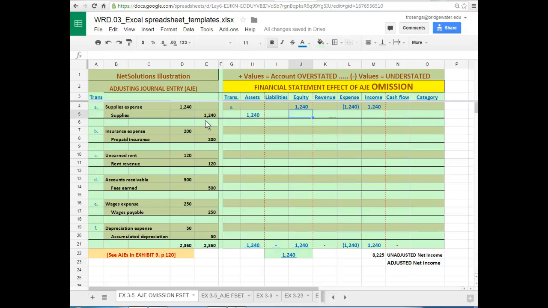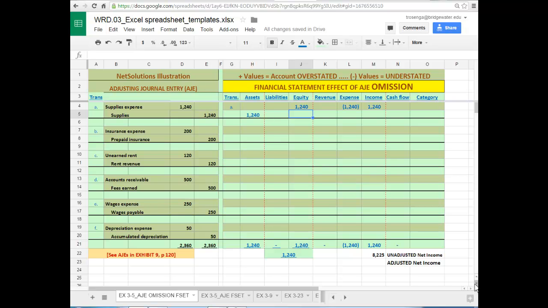Okay, so the omission of this journal entry overstates assets, understates expense, and shows an overstatement of income and owner's equity.